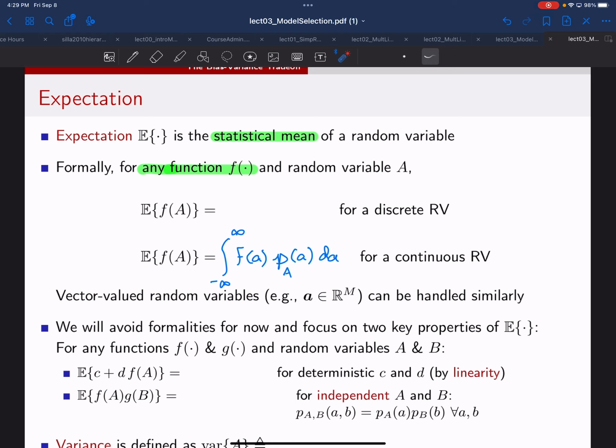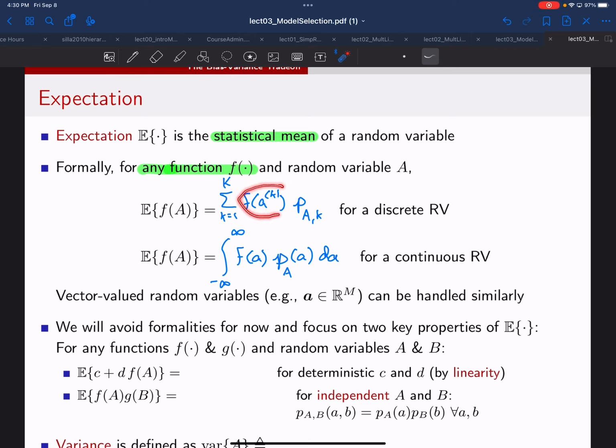Now, the case where we have a discrete random variable, instead of an integral, we have a sum over all the possibilities. And now we're going to have function of a sub k times the probability mass function P A, comma k. So it's like a weighted sum in this case.